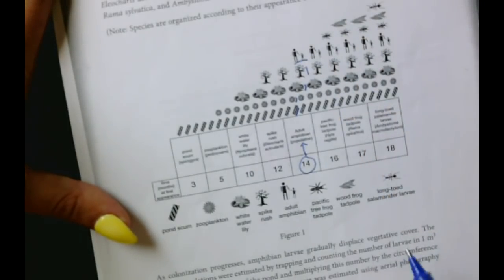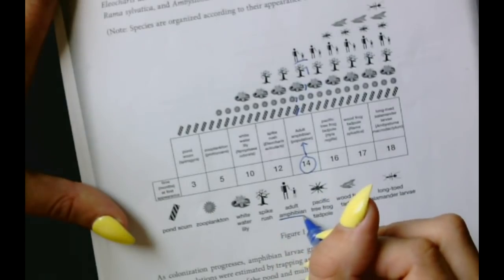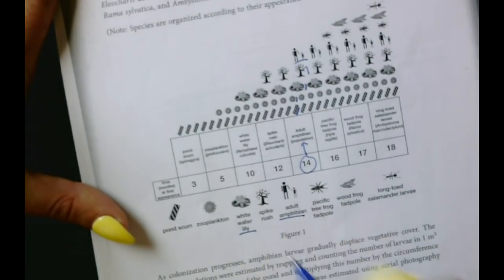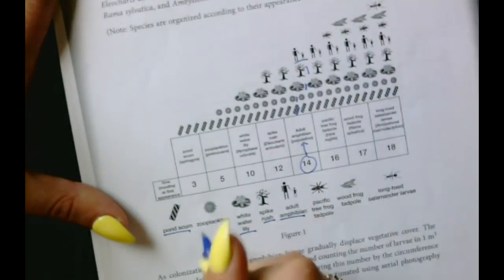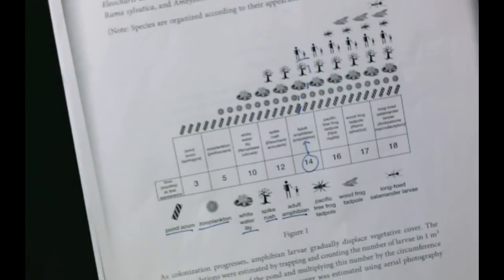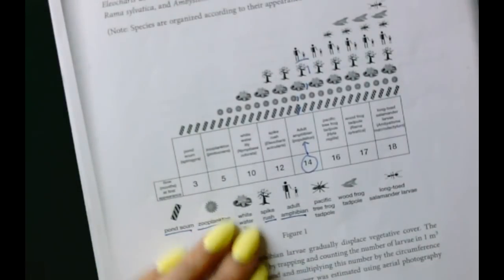So I have adult amphibians, whitewater lilies, pond scum, spike rush, and zooplankton. So I have pond scum, zooplankton, lilies, spike rush, and adult amphibians.